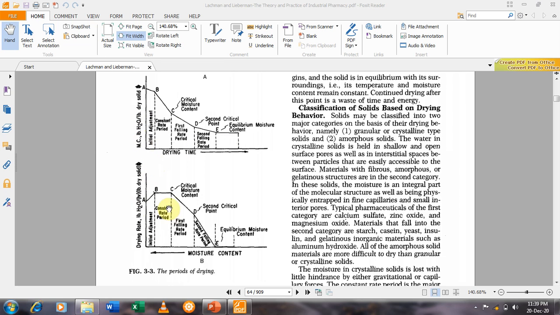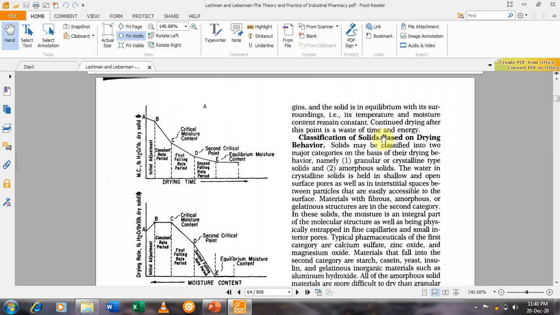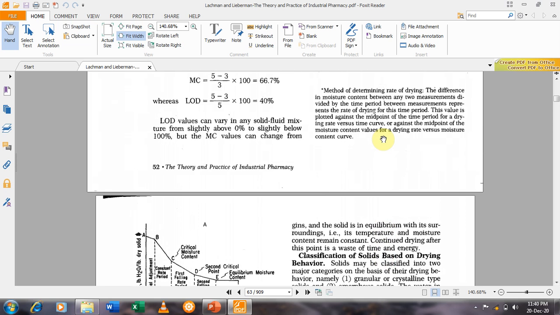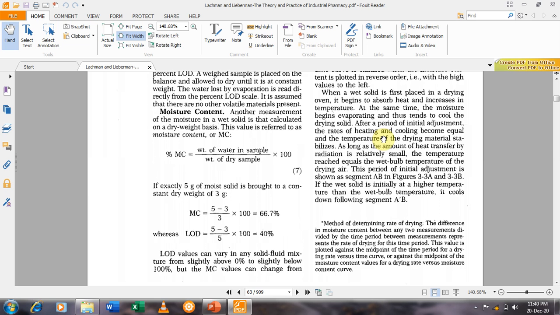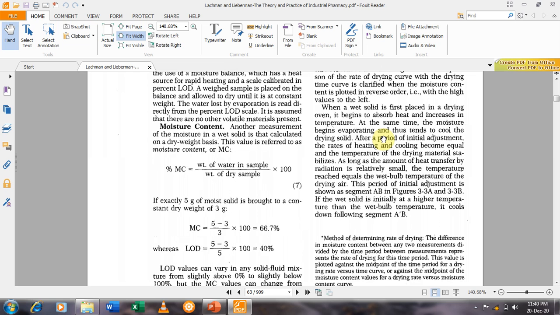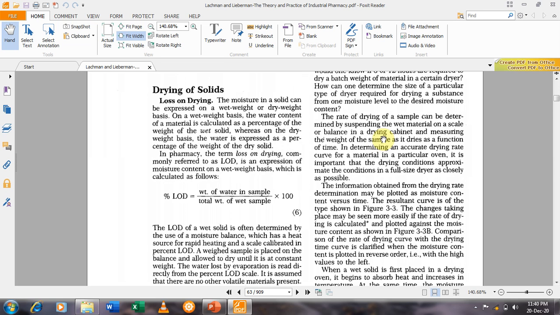You have to discuss the period of drying by keeping the moisture content on the x-axis while the drying rate is on the y-axis. Moisture content was already explained in the previous lectures.